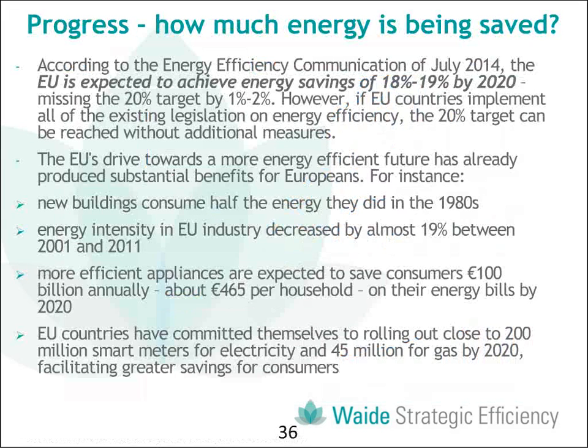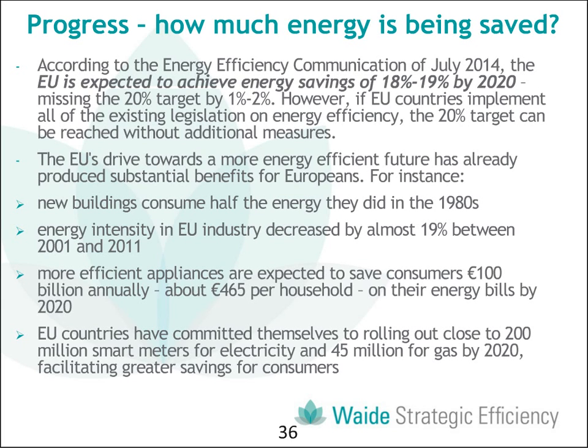So, according to the energy efficiency communication issued by the Commission in the summer last year, the evaluation of all of the different energy efficiency action plans and modelling exercises done by the Commission, and taking into account all the other measures which are in place, the Commission is now estimating that the community is on target to meet energy savings of 18 to 19% by 2020.